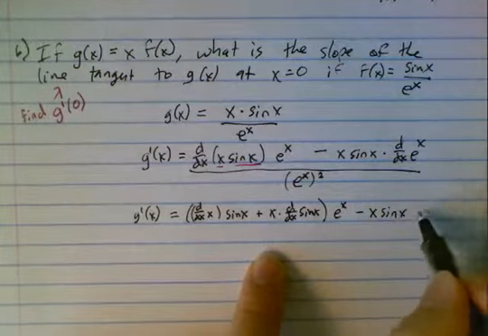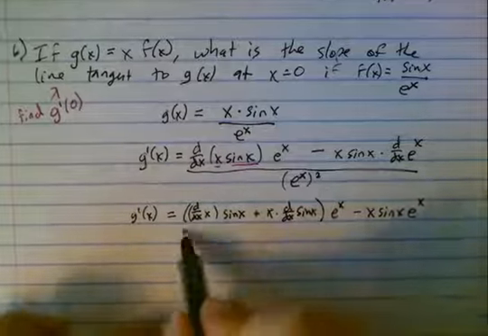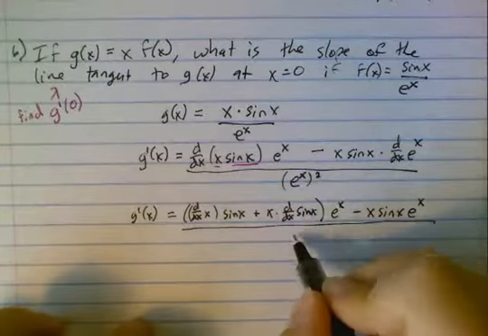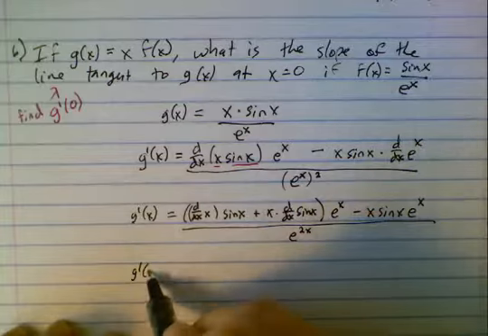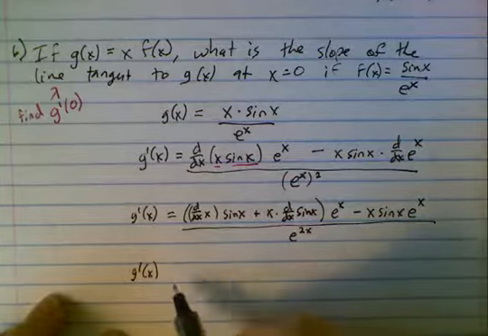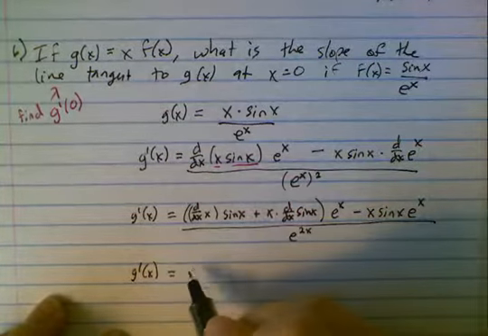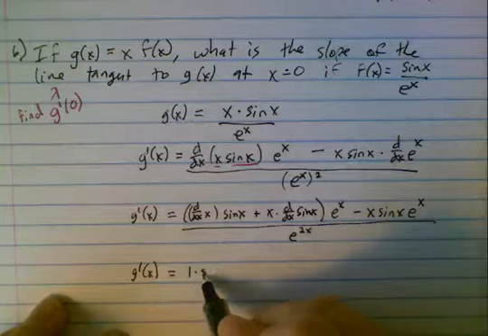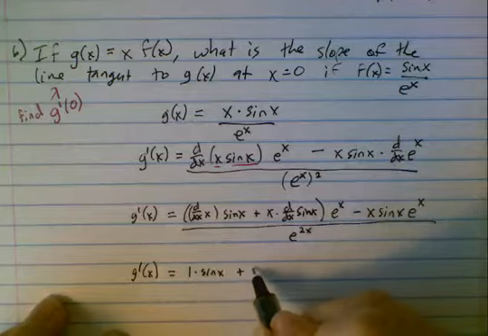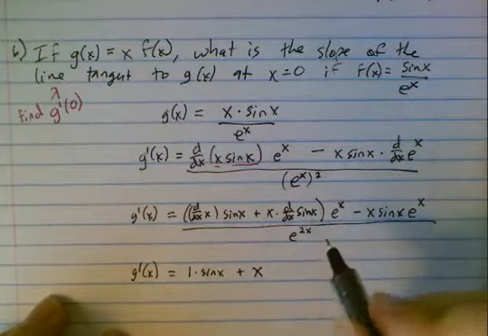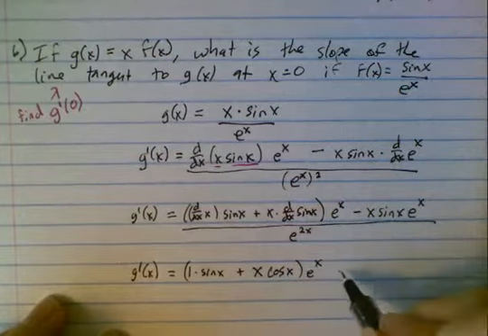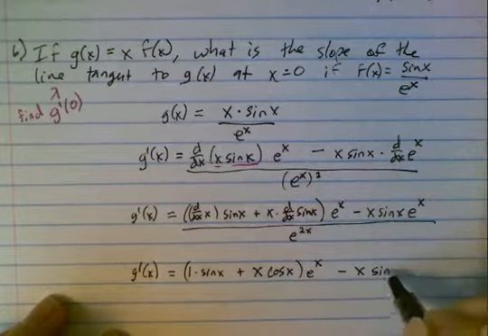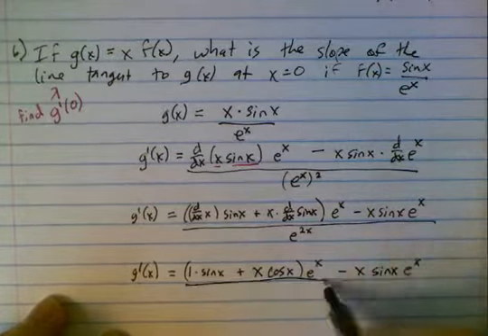Then the derivative of e to the x is just e to the x. Exponents multiply, that's e to the 2x. Derivative of x is 1. Derivative of sine x is cosine x. All e to the x minus x sine x e to the x.